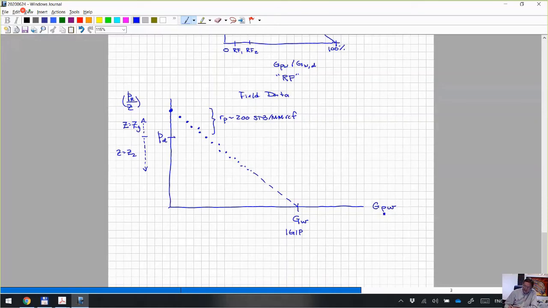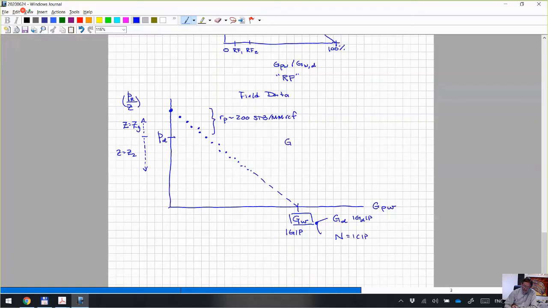So what you want to do here is take this number and decompose it into the two products, which is our initial dry gas in place and our initial condensate in place. So you have to decompose that, again, using the 200 barrels per million and the CGR.